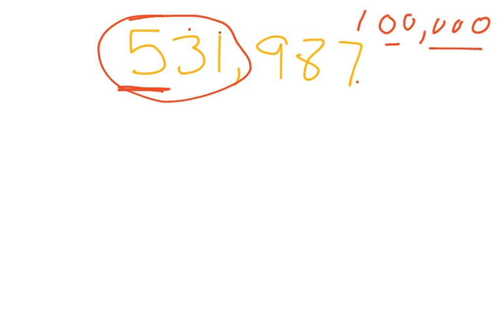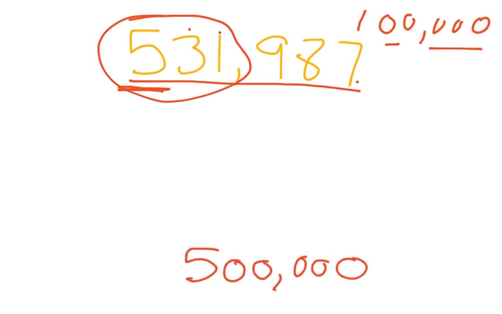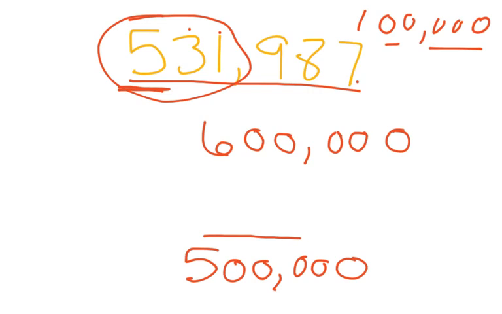So really what we're looking at is we've got two choices. Do we think that the number that we're rounding is going to be closer to 500,000 or is it going to be closer to 600,000? Well, 531,000 I think would be lying somewhere in here.